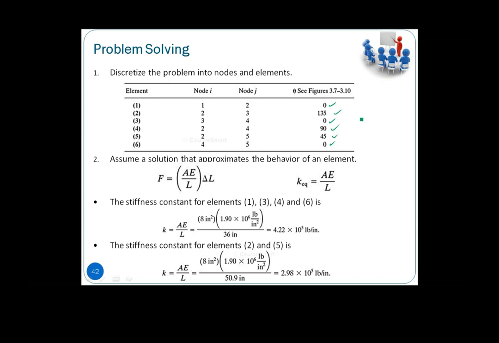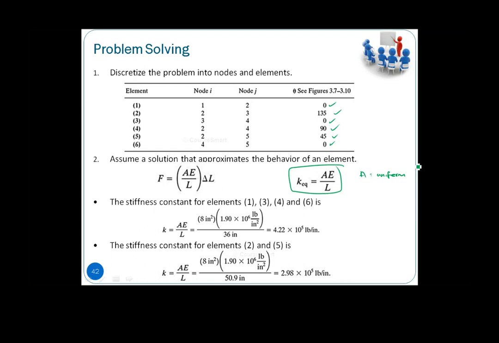So we can find the stiffness for each element. Here we use AE over L because we have a uniform A, so we don't need to use the average in this case. A is the same for all members, and E is the same for each member because they are all Douglas fir wood, 1.9 times 10 to the power 6.